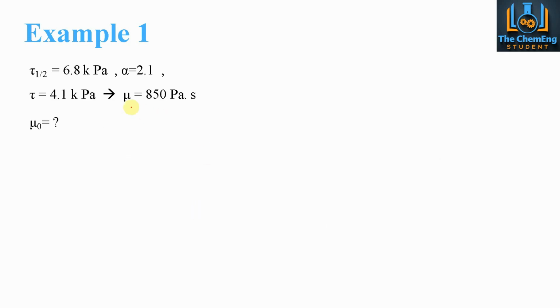What we can do is tabulate the information that we are given. We were told that the half occurs at 6.8 kilopascals, so tau a half is 6.8. We were told alpha is 2.1, and a shear stress of 4.1 kilopascals corresponds to a viscosity of 850 Pascal seconds.